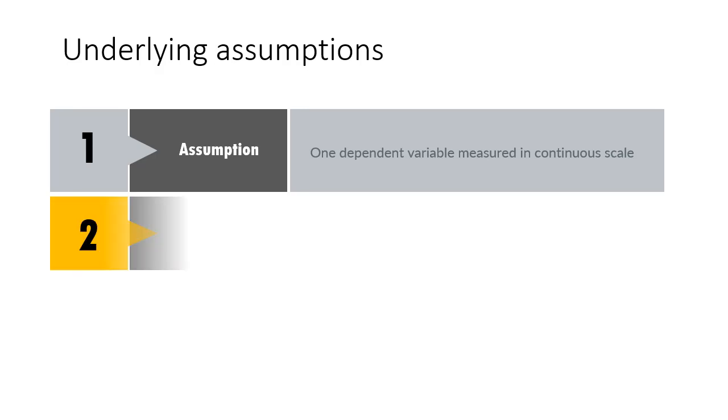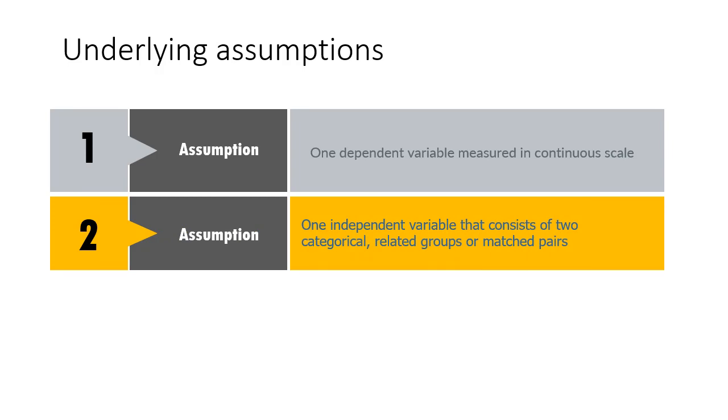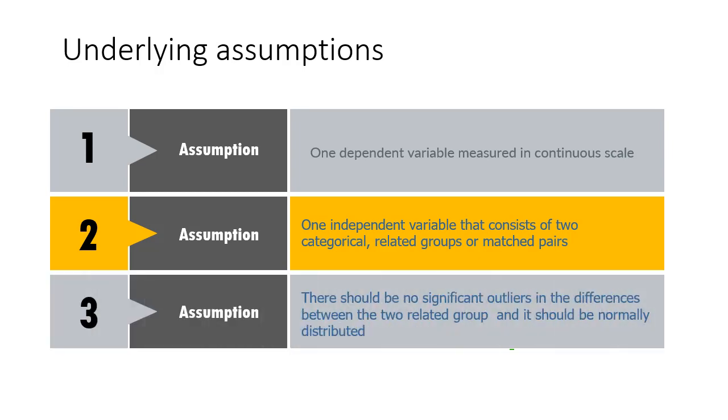The second assumption is that the independent variable consists of two categorical groups, or it could be two related groups, or a matched pair, or the paired observation. And the third assumption is that there should be no significant outlier in the differences between the two related groups and it should be normally distributed.